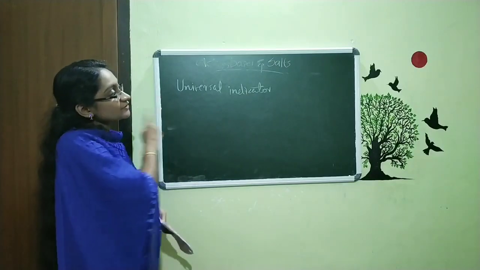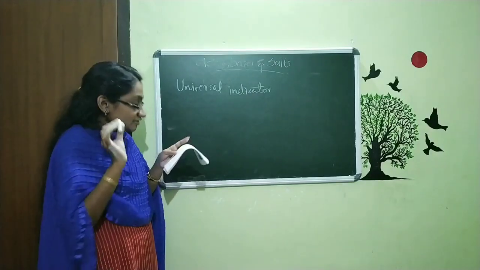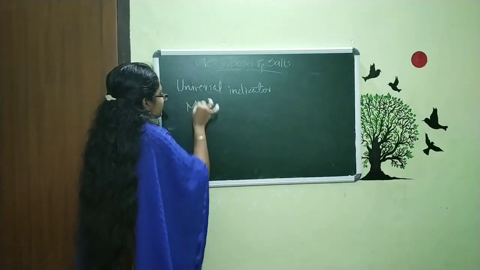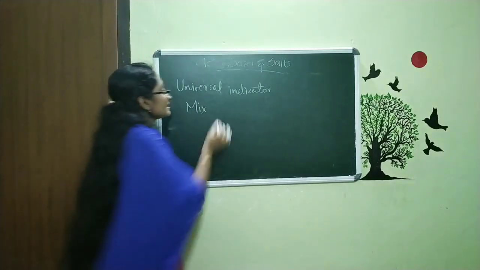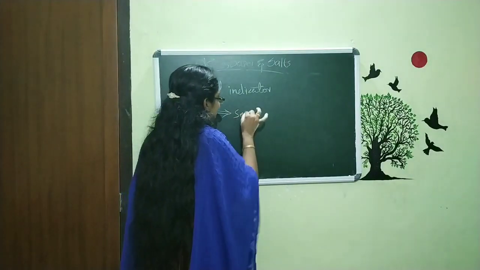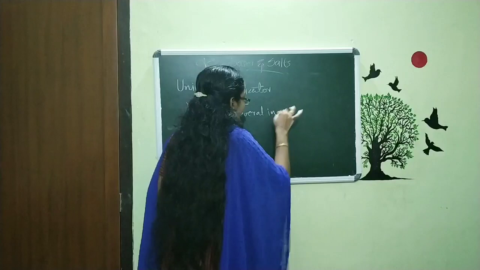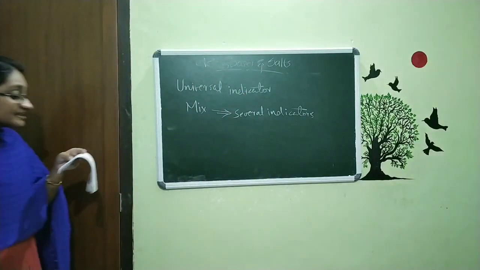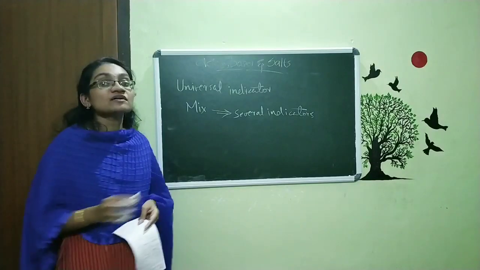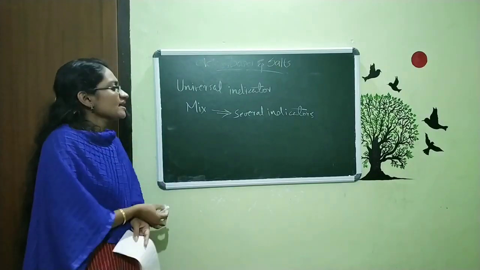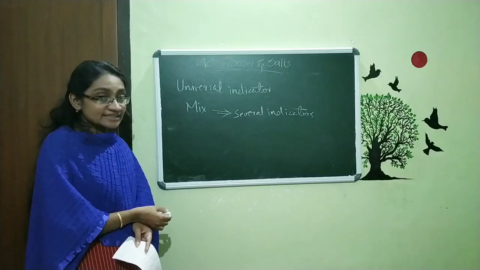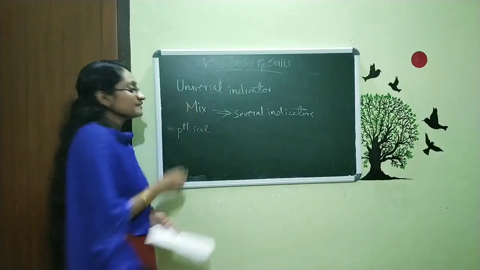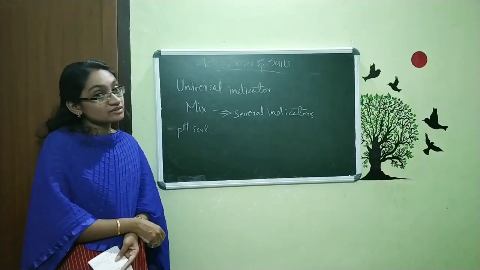The universal indicator is a mixture of several indicators, and it shows different colors for different concentrations. It is actually the pH scale, and we will discuss this pH scale in our next class.